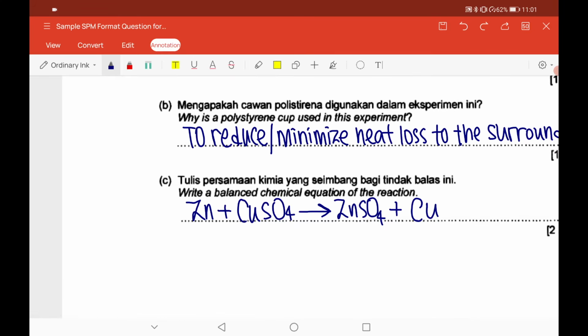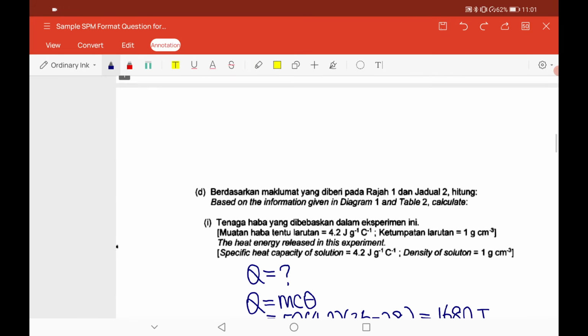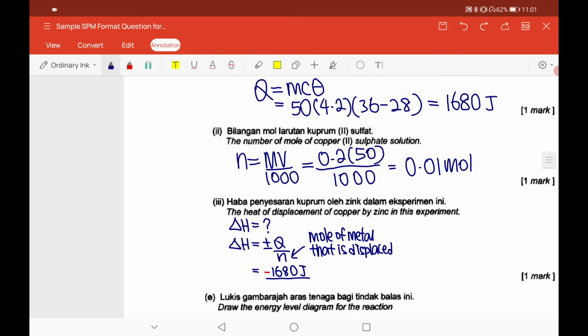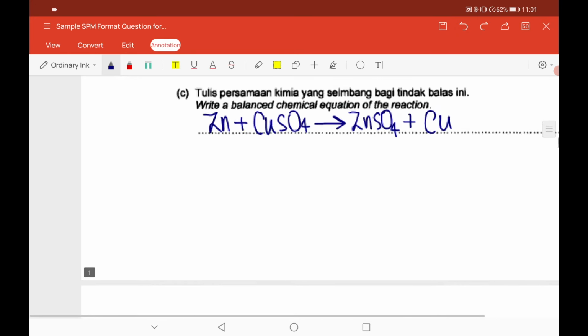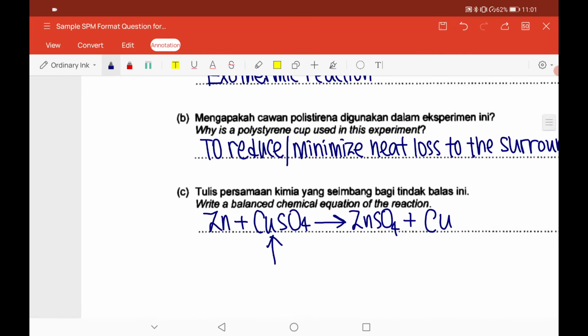What information do we know? Just now the question asked us to find the mole of copper sulfate, so we already know the copper sulfate is 0.01 mole. When we know the mole of one substance, we can find the mole of another substance using ratio.